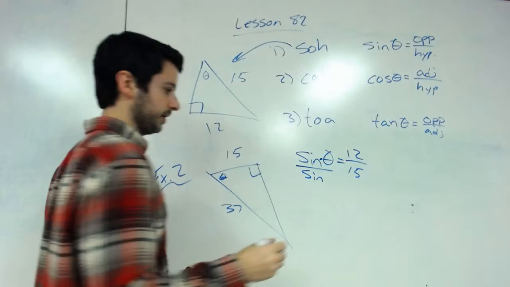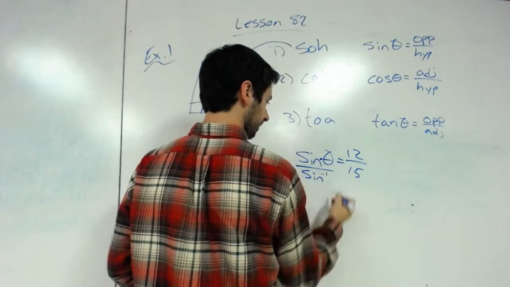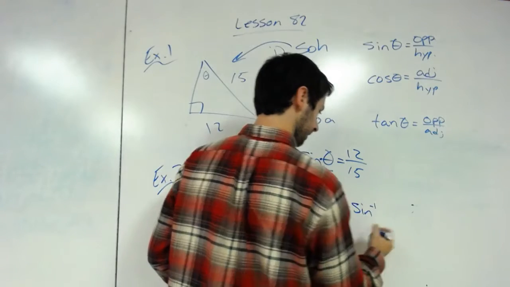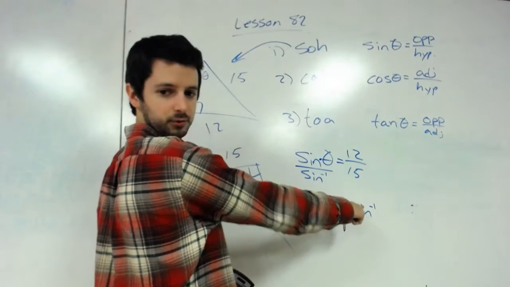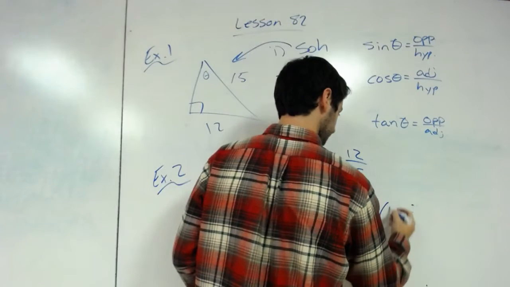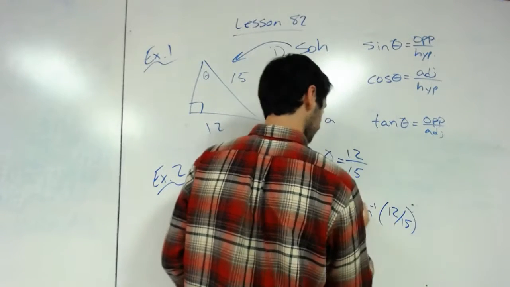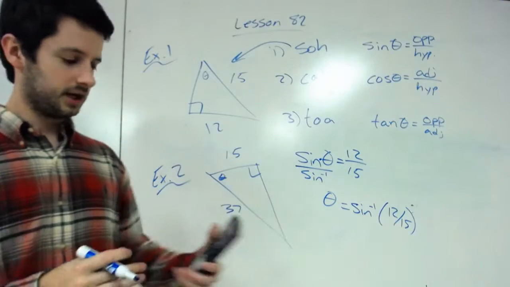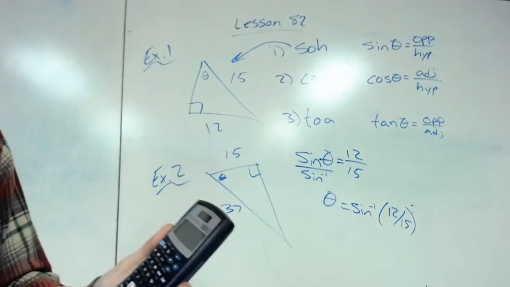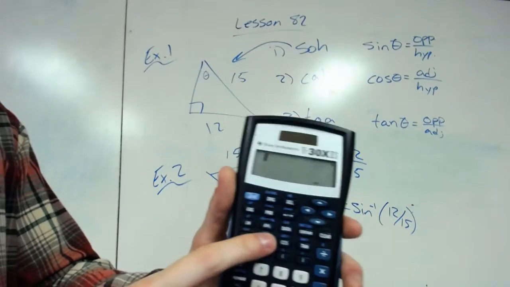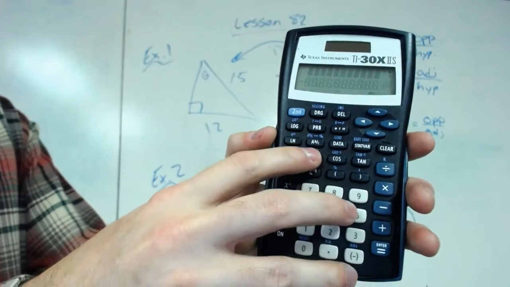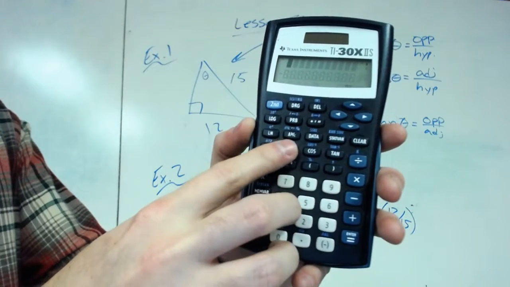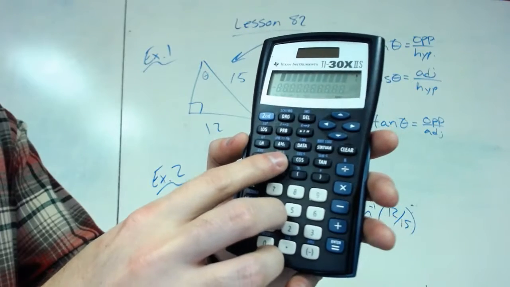What that does is we call that the inverse of sine, and we identify that with a little -1 there. So inverse of sine times 12 over 15 equals theta. And then from there, you simply put it in your calculator. If you see just above the sine button, sorry, my finger's covering it, there's a little blue sine -1.